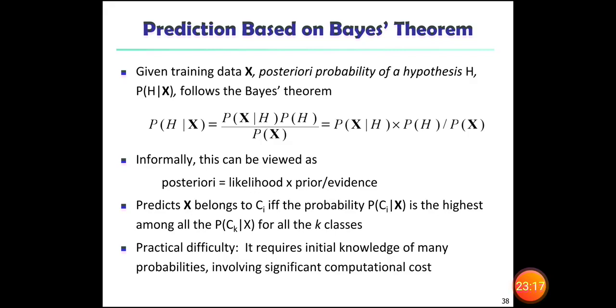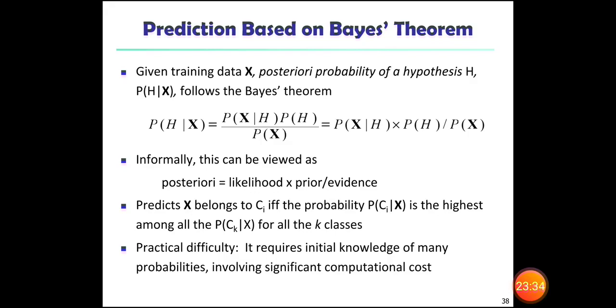Here X is predicted to belong to Ci if the probability P of Ci by X is the highest among all the P of Ck by X for all the k classes.